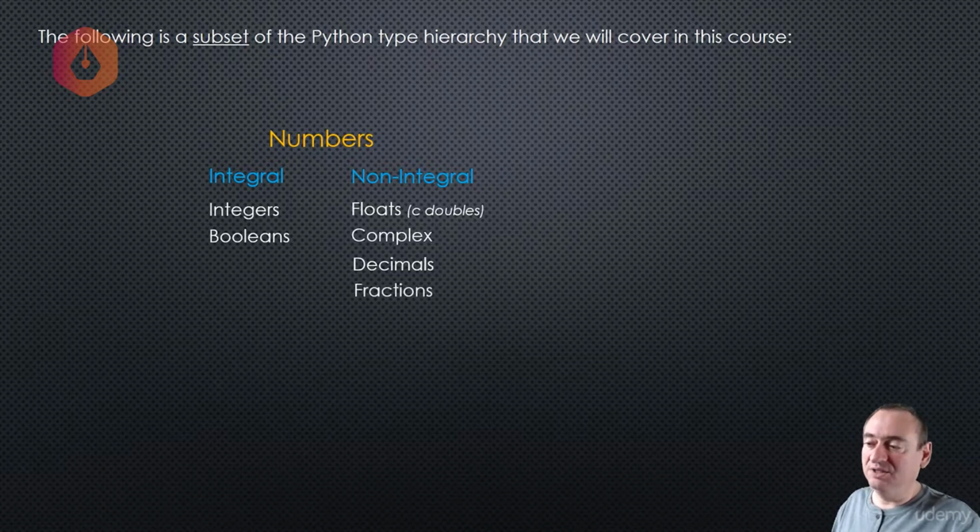Fractions is just basically your rational numbers, 1/3, 1/5, 1/8, 20/17, things like that. That's an interesting way of dealing with numbers, because let's say you deal with a number like 1/3. Okay, that's a rational number, and it has a very specific value, 1/3.